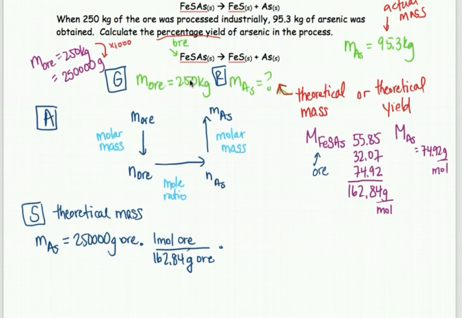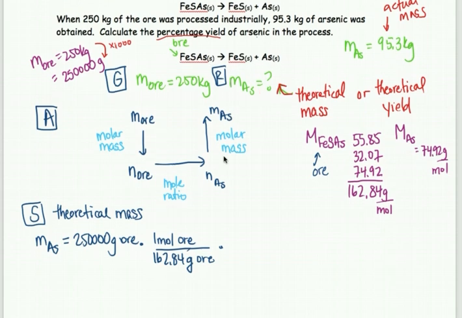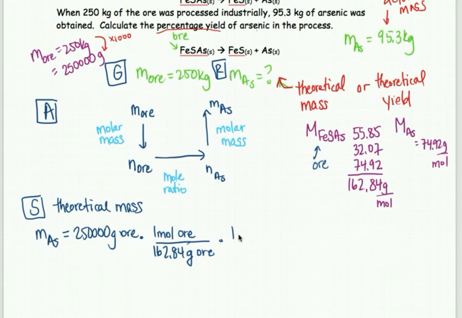chemical reaction equation here, and again, when you don't see any coefficients like that, take a quick look and make sure it's balanced. It is balanced, so we always put the one we don't know or we need to find at the top, so that's arsenic. And then the ore is 1 mole, so it's a 1-to-1 ratio.